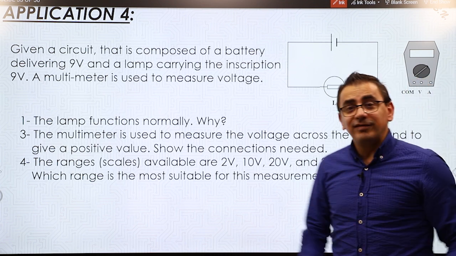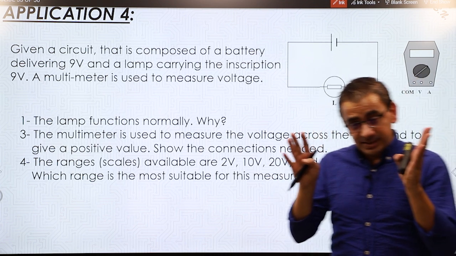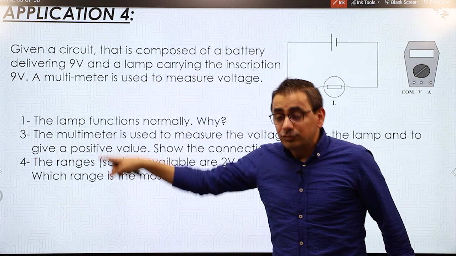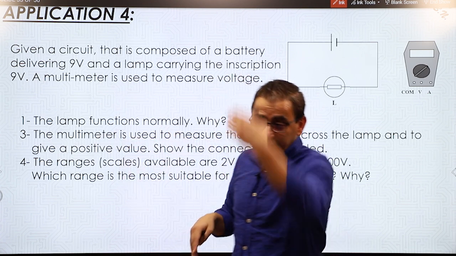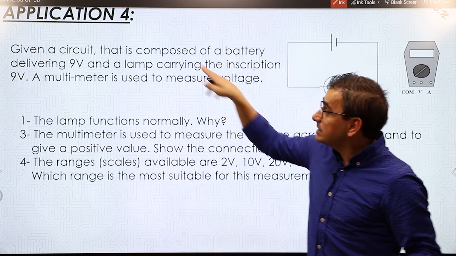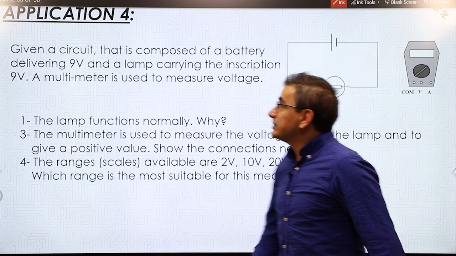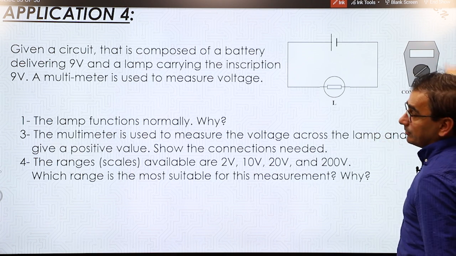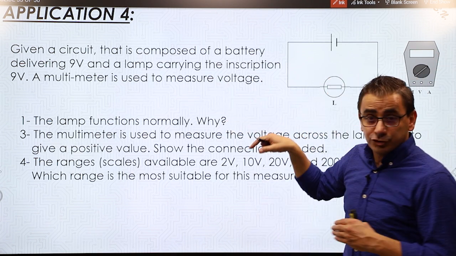Okay, over here we have an application. Now, I will not solve it. We'll have a specialized session to solve applications. I want you to try to solve it on your own. You can find it in the section where you can find quizzes and exercises. So we have a circuit composed of a battery and a lamp, and we have a multimeter. The multimeter is needed to measure the voltage.